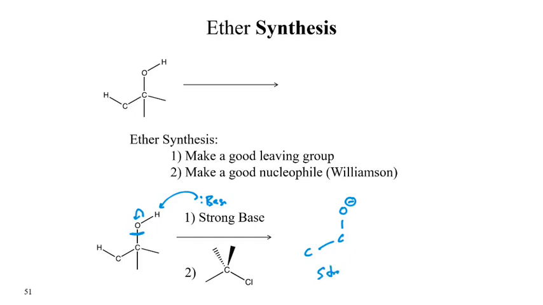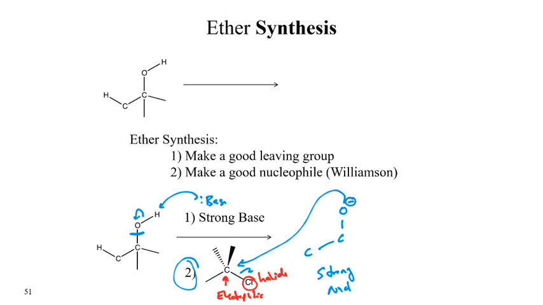Now that I have this strong nucleophile, I can run step 2, where I can add in any form of electrophilic carbon. In particular, you'll notice that we'll probably use a halide, because I want to minimize the potential side reactions, and my strong nucleophile can now backside attack and eject the halide.